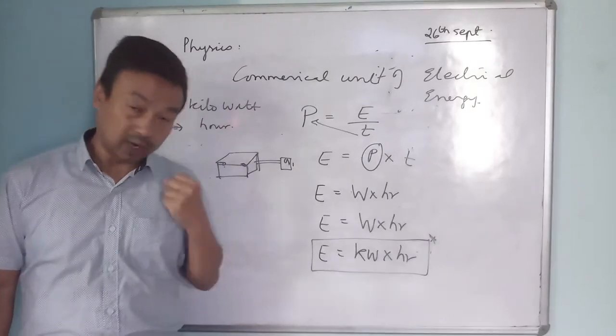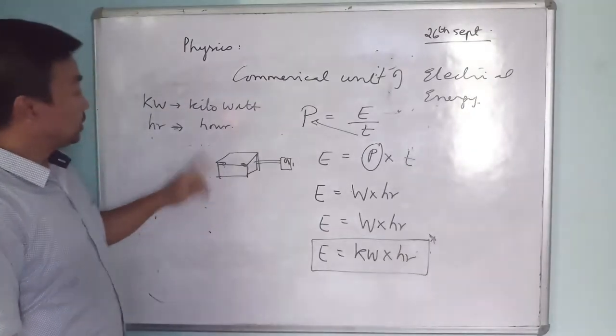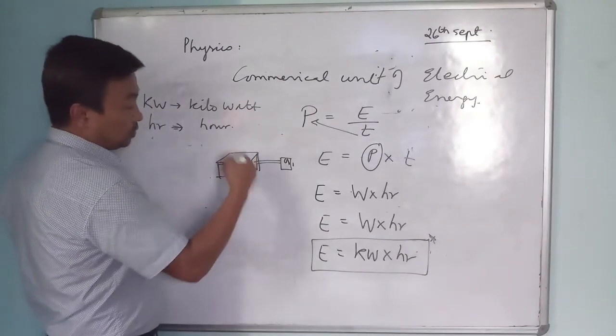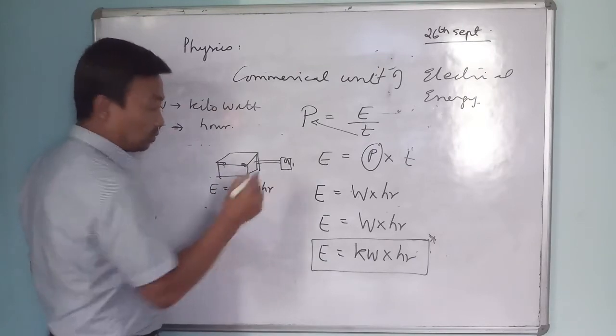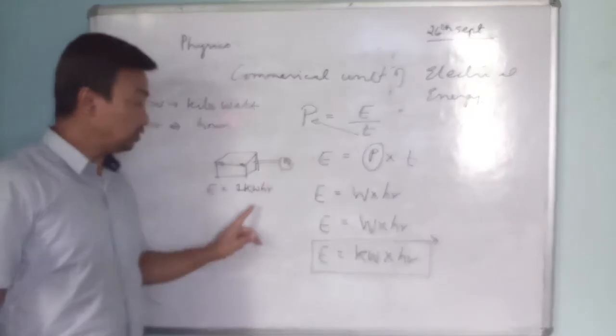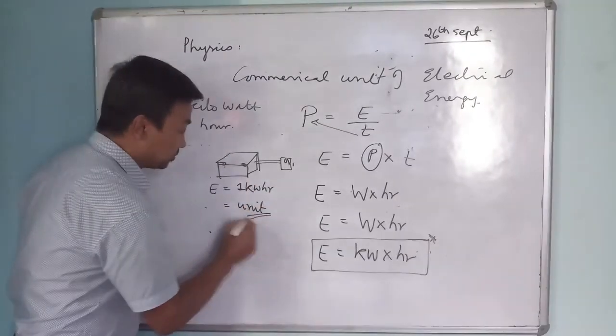So it has consumed 1 kilowatt power in 1 hour. If you multiply, the energy consumed is 1 kilowatt hour. This 1 kilowatt hour is known as the unit.